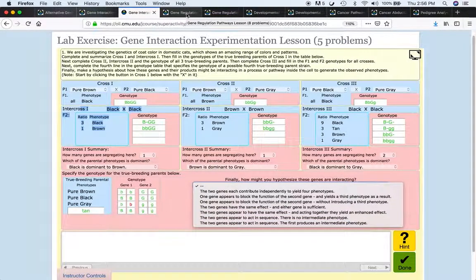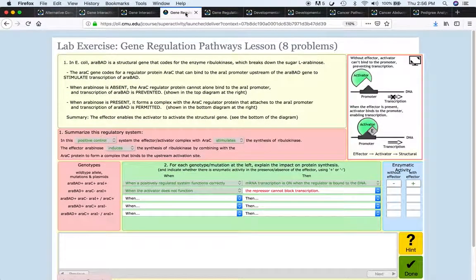So in the second topic, gene regulation, students read a problem statement describing how a particular gene is regulated, how it's turned on or off. The first thing they do is they summarize the system, and then they look at, again, the underlying parameters.